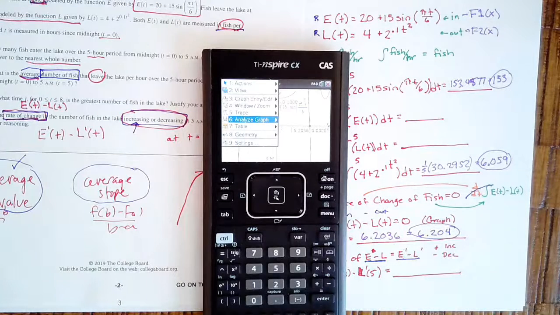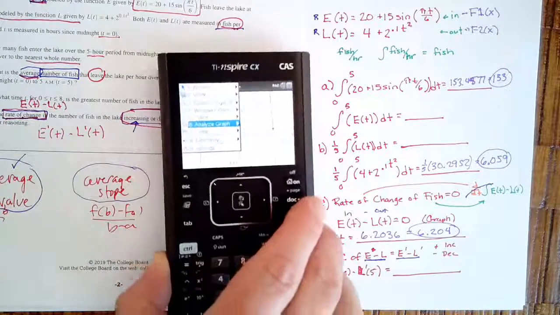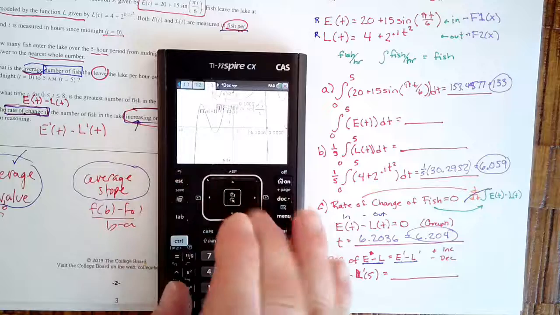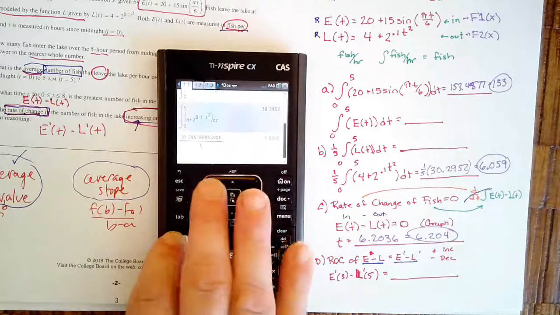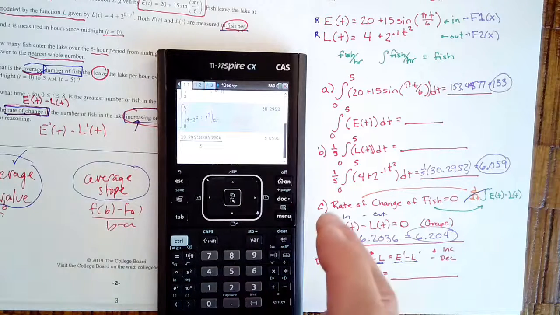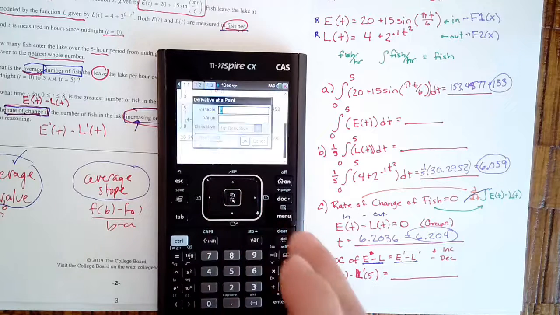And then the last part of the question asked me to find E prime of 5 minus L prime of 5. So I'm going to come back to the calculator page right here. Now there's a couple of ways I can do this. I have those functions stored: E is in f1 and L is in f2. I could go menu, calculus, derivative at a point. The variable is x. I want to find the derivative at 5.